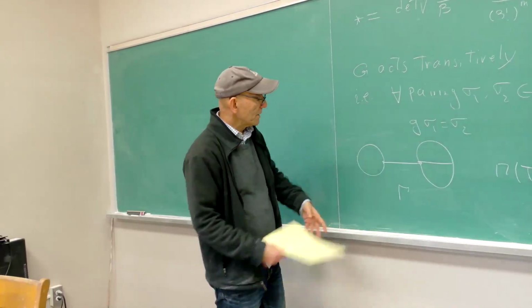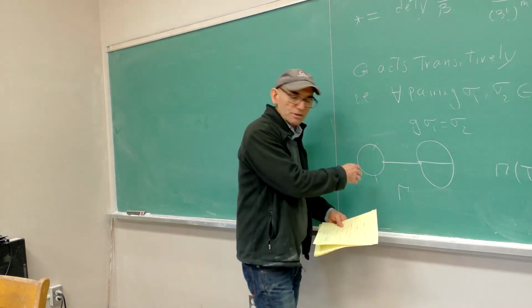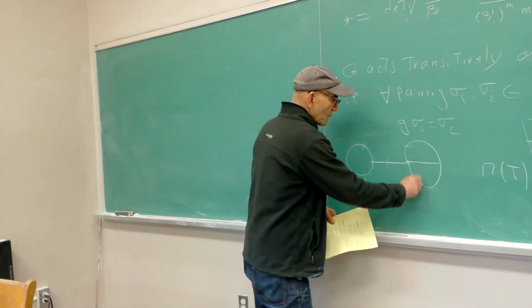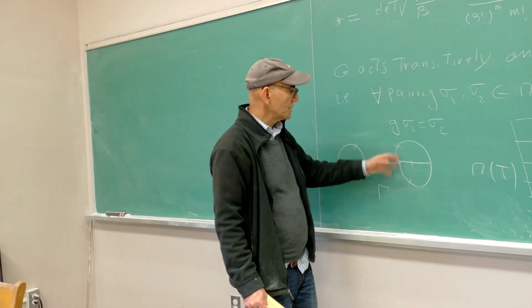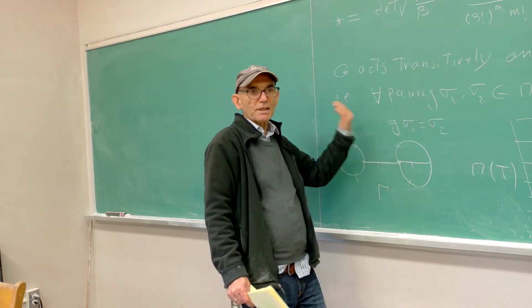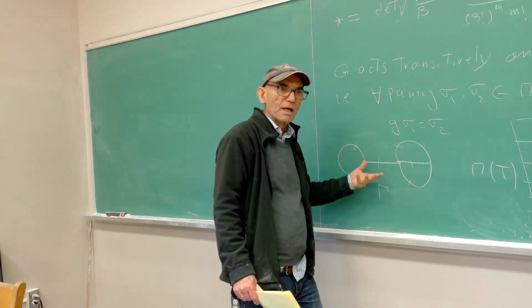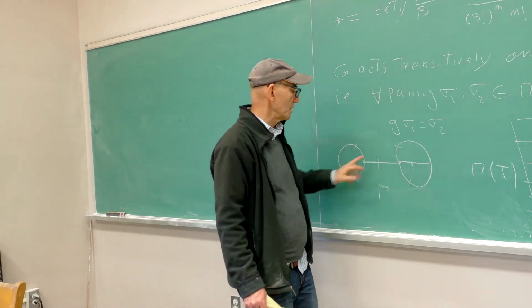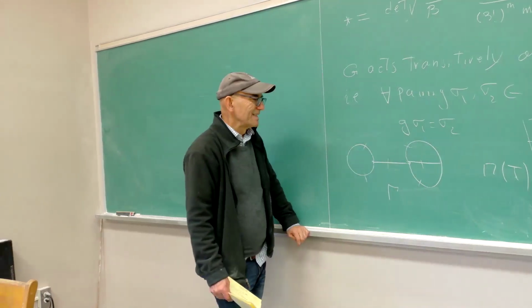To get the automorphisms, you cut them in half, and you have to do permutations that preserve this structure again. So basically, the group of automorphisms comes from the group of switchings in the pairing, but they have to be compatible with the structure.